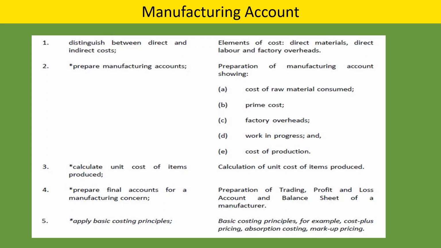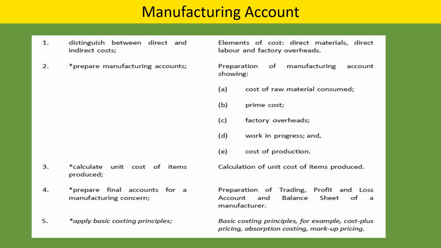Direct costs are also called touch costs, in that you can actually touch the item at first. Elements of costs: direct materials, direct labor, direct expenses, and factory overheads.